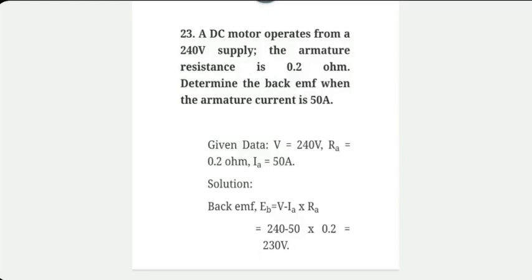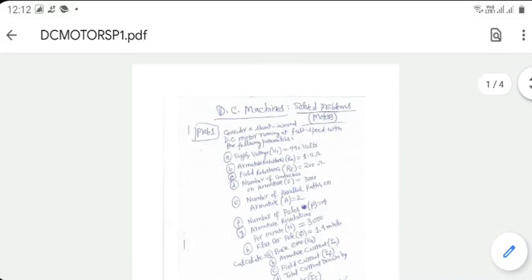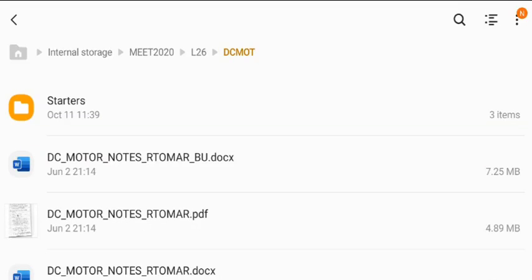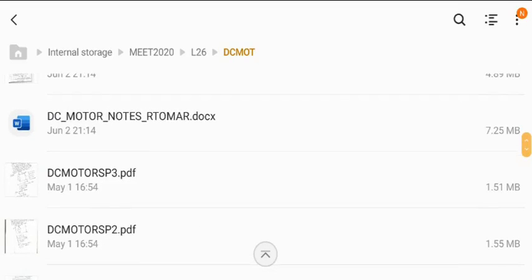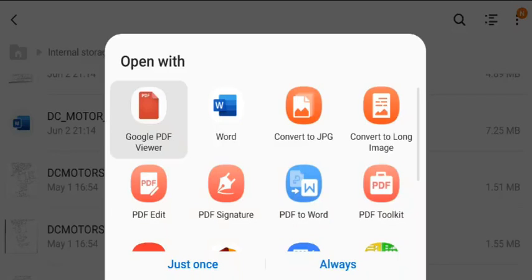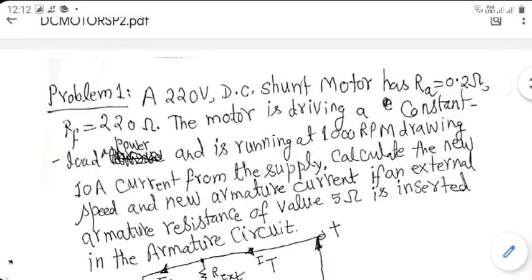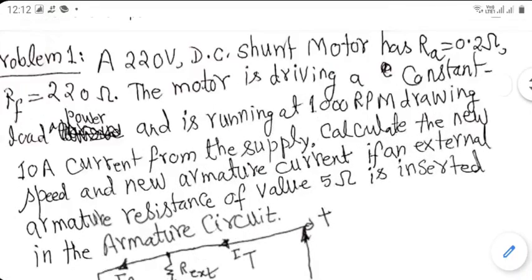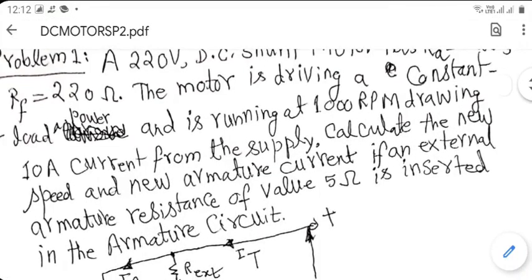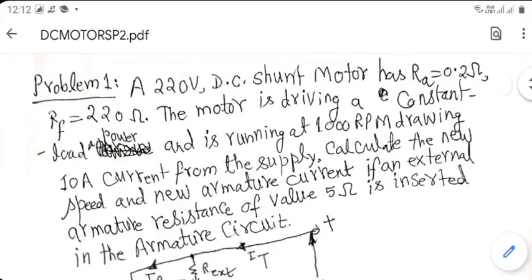Now another set of problems which I have got on the same topic. This one. Slightly more intensive. Try your best. A 220 volt DC shunt motor has RA equal to 0.2 ohm, RF equal to 220 ohm. Fine.